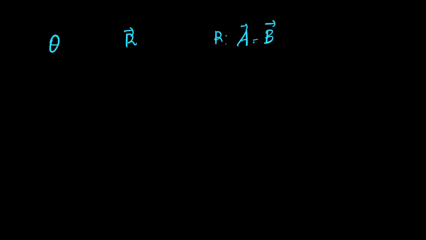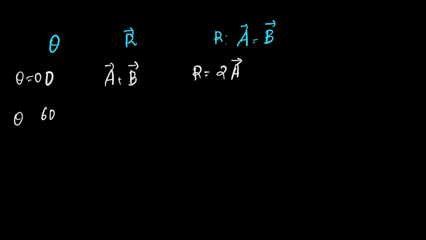So when theta is equal to 0, r is equal to the algebraic sum of a plus b, and here this becomes 2 times vector a. So we can say that r is equal to 2 times vector a.